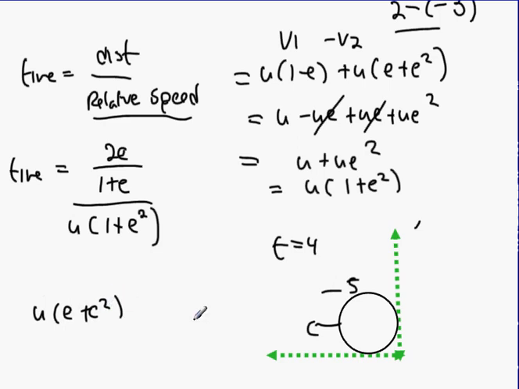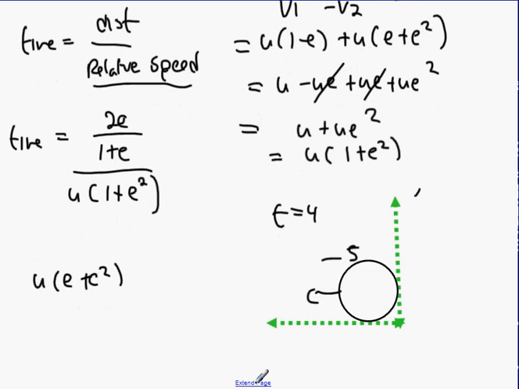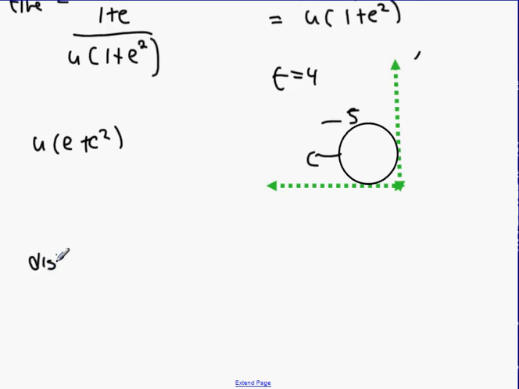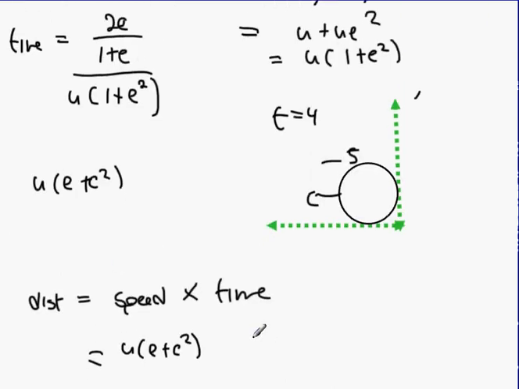So to find the distance, I have to multiply speed by time. So distance equals speed multiplied by time. So what we're going to get is u into e plus e squared. And the time is a complicated one altogether.